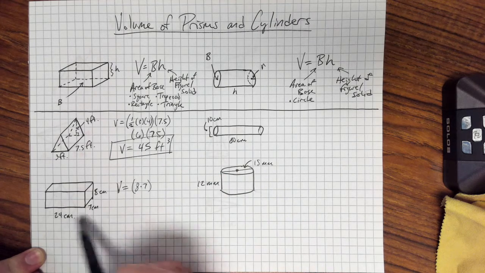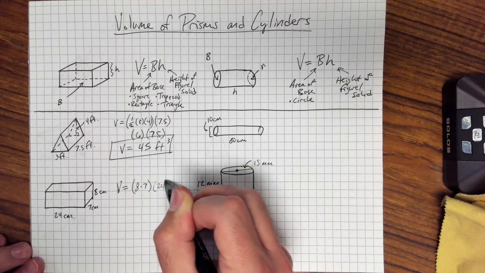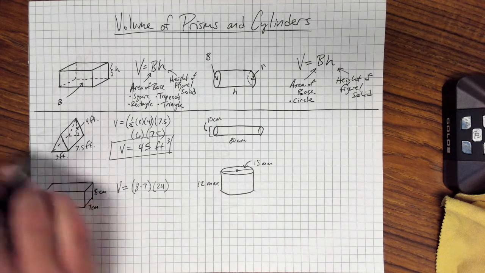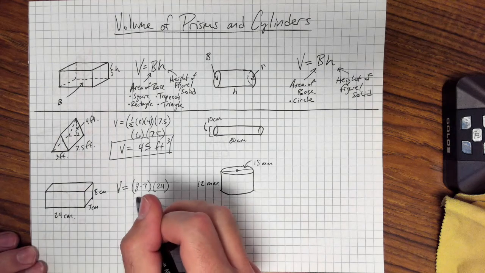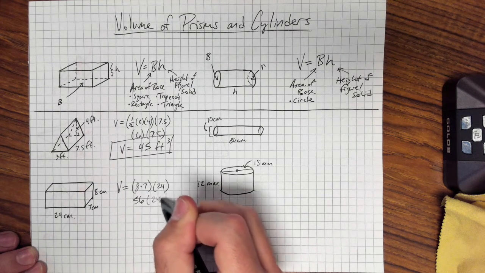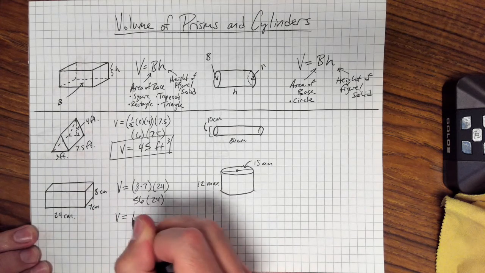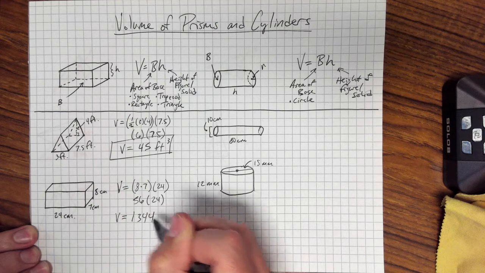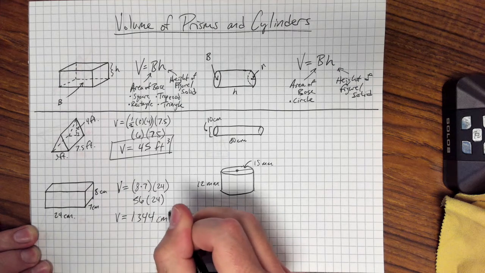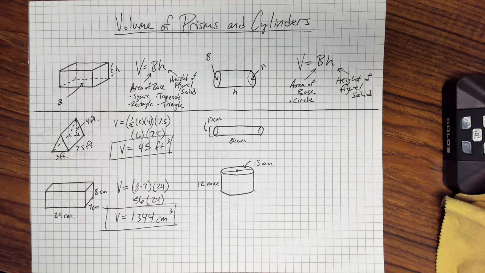Times the height of this whole thing, when you sit it on its base, would be 24. 8 times 7 makes that 56 times 24 comes out to, the volume is 1,344 cubic centimeters. So that's the volume of a prism.